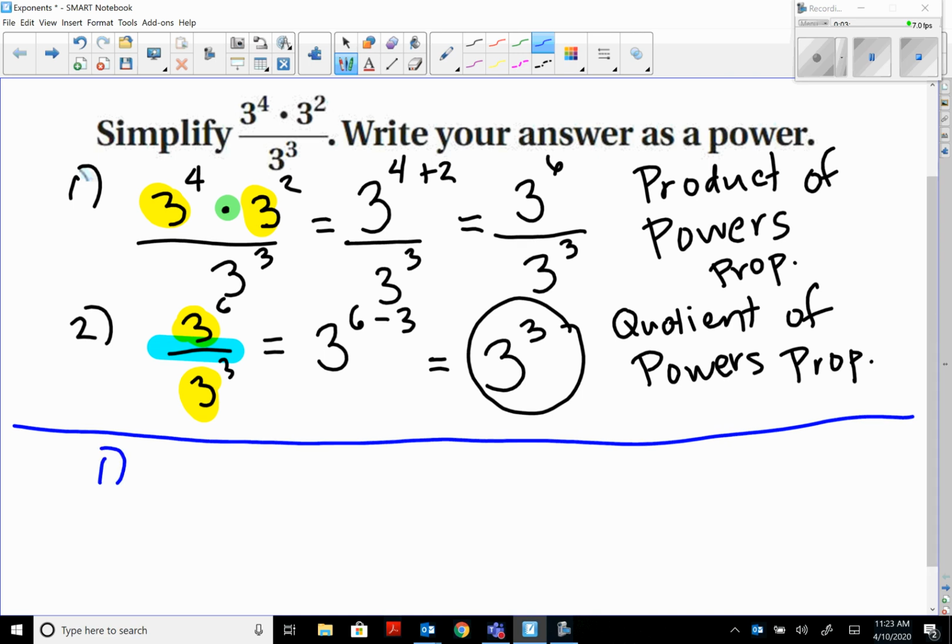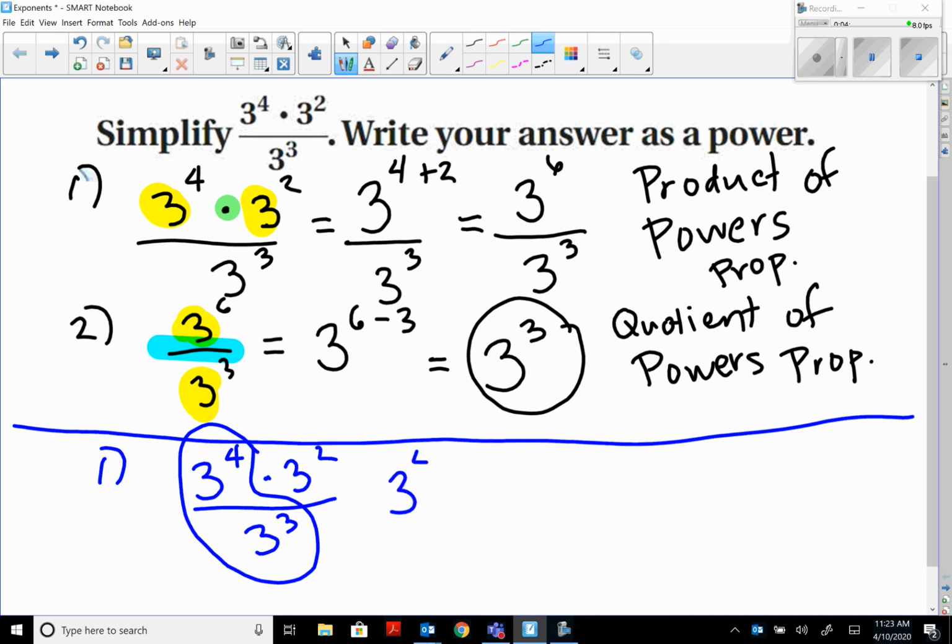So if I start with the quotient of powers property, my first step, instead of adding the exponents in the numerator, I'm going to just focus on these two right here, and I'm going to subtract the exponents.